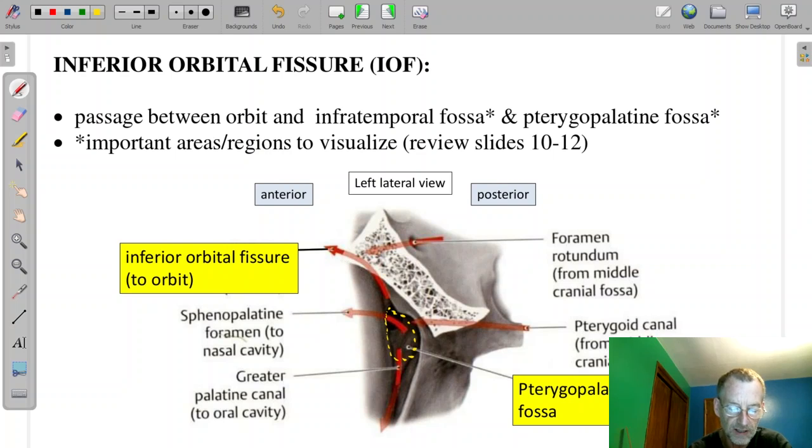And the point is that the IOF is sort of over here. And if you pass through the IOF, you can go back and forth between the orbit and the pterygopalatine fossa. Okay, so that's an important passageway. IOF communicating with the pterygopalatine fossa.